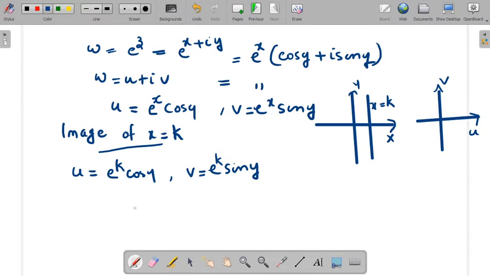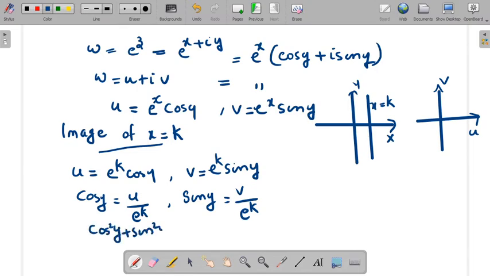We are trying to get a relation between u and v, and here we have this variable y in the equations. So how can we eliminate y? From the first equation you get cos y equal to u divided by e raised to k, and from the second equation, sin y equal to v divided by e raised to k. We want to get rid of that variable y, so we can make use of the trigonometric identity cos square y plus sin square y equal to 1.